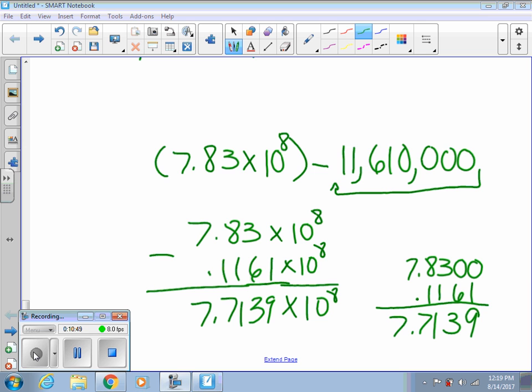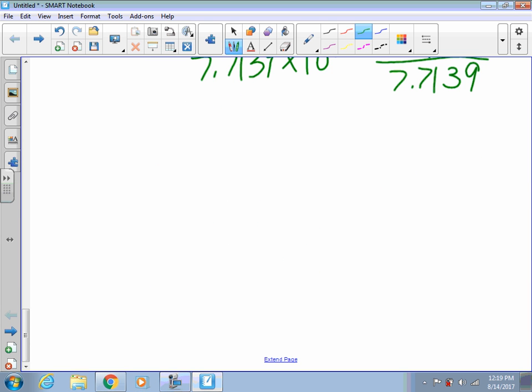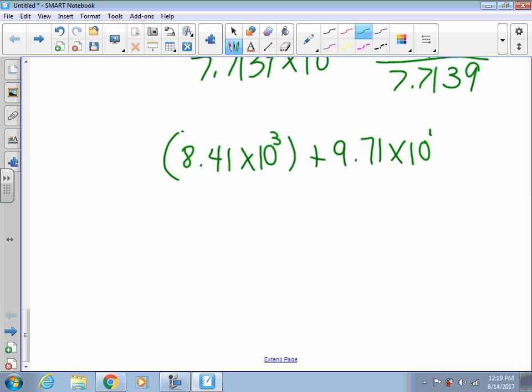All right, so here's a couple of practice problems of adding and subtracting. We have 8.41 times 10 to the 3 plus 9.71 times 10 to the 4. Okay? I'm going to have to move the decimal over on one of them.